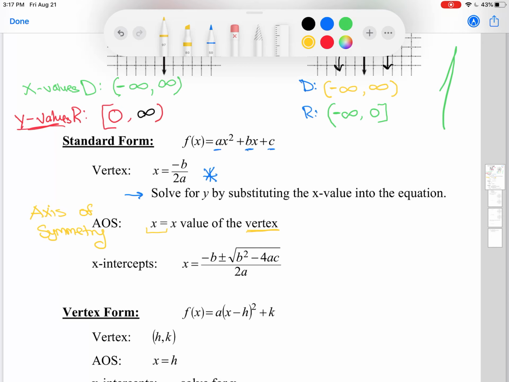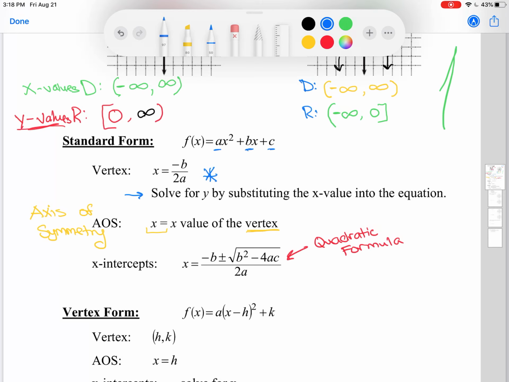And the next piece is your x-intercepts. There are 2 ways to find your x-intercept. You might notice this to be your quadratic formula. But there's also another way that you learned back in Algebra 2 and even in Algebra 1 that can help you find the x-intercepts of a function. And for some, it might be a lot faster.